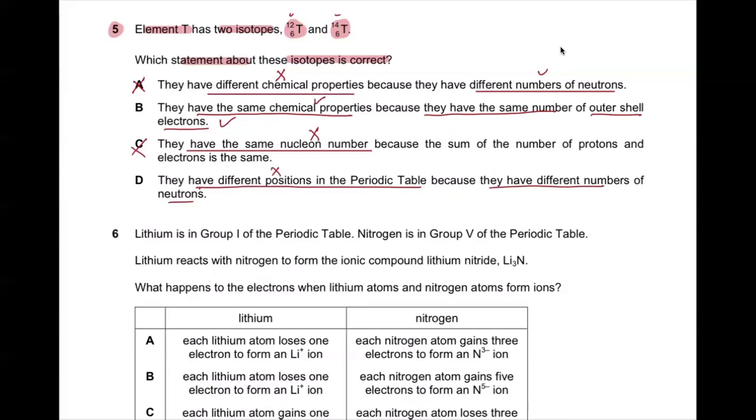No, we do not show different positions for isotopes. They are all represented by one symbol, and instead of the nucleon number, we use their relative atomic mass. So D goes wrong. It means B is the correct answer. Is this clear to all of you?